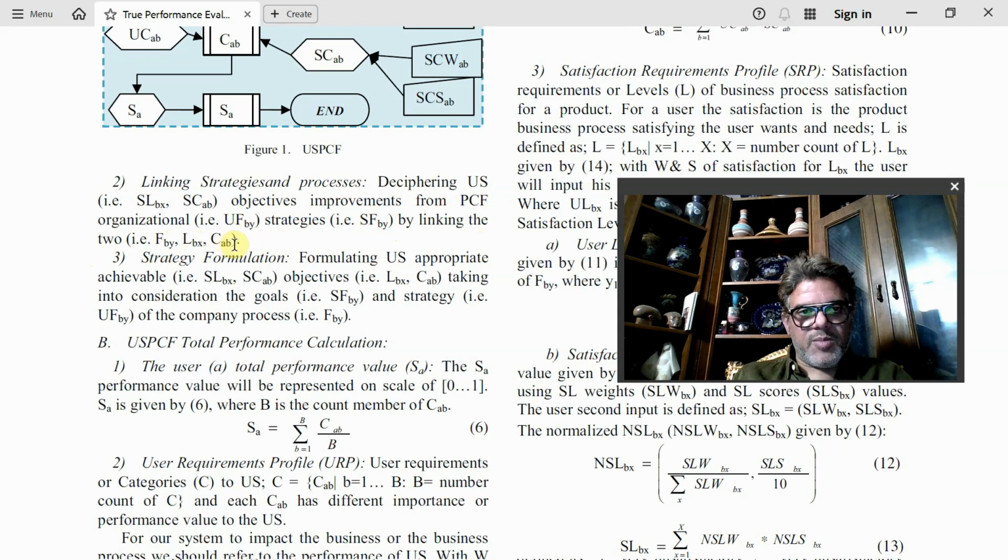Strategy formulation, formulating user satisfaction appropriate, achievable objectives, taking into consideration the goals and strategy of a company process.